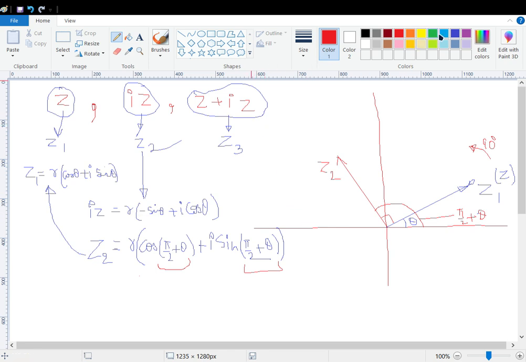All you need to do is you need to plot, you need to find out the resultant of these two, Z1 and Z2.